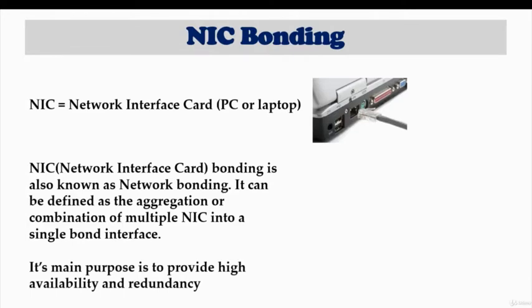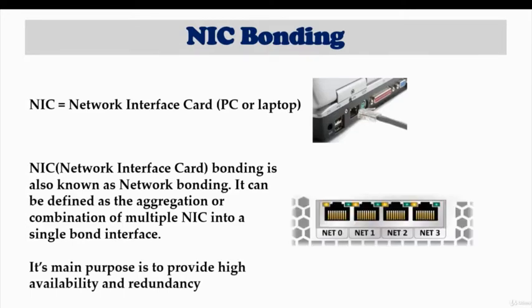So let's look at our picture. We have these 4 NIC cards on our computer. What we do in NIC bonding is we take 2 ports and combine them together. The reason we combine them is, what if one port dies? We still have another port. So this is for the redundancy.